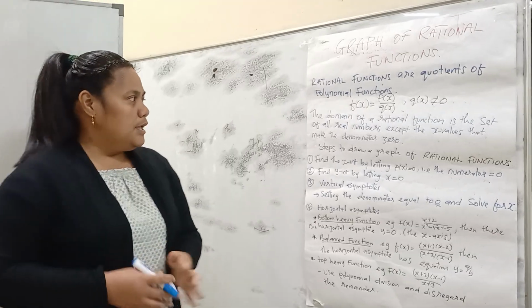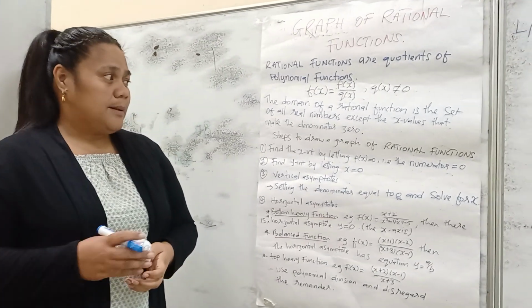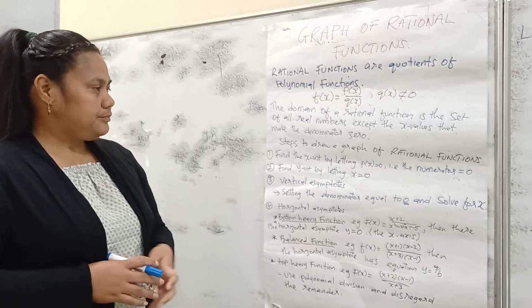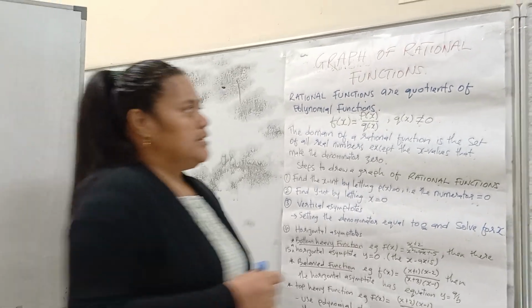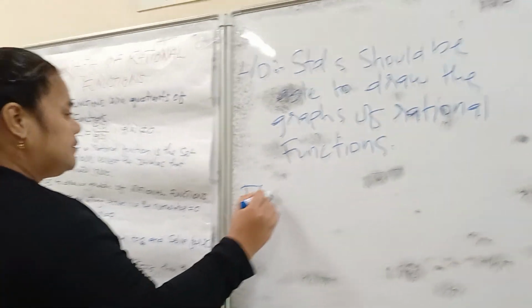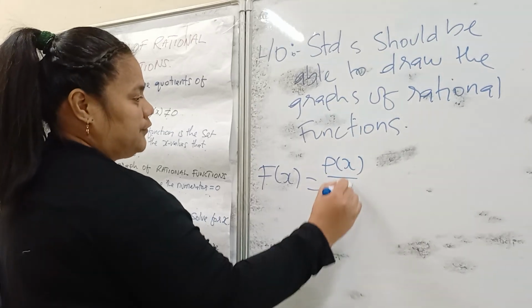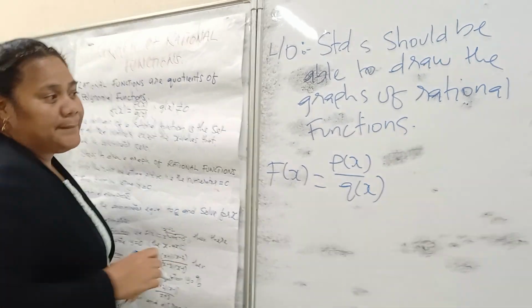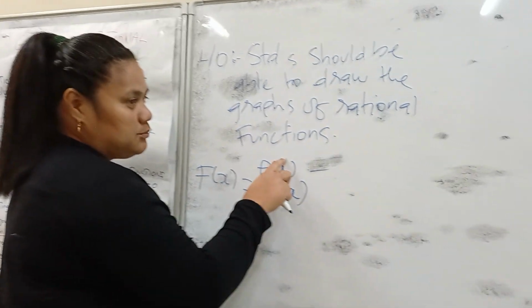Okay? So these are the steps. There are 4 steps to sketch the rational function. We know that the rational function looks like this. Okay? f(x) equal to p(x) over q(x). p(x), does anyone know what this one is?